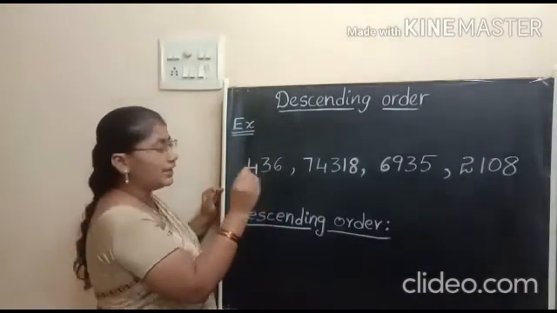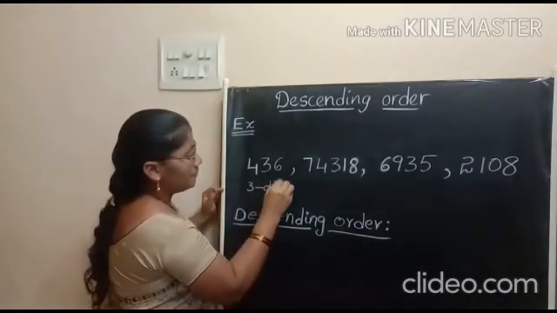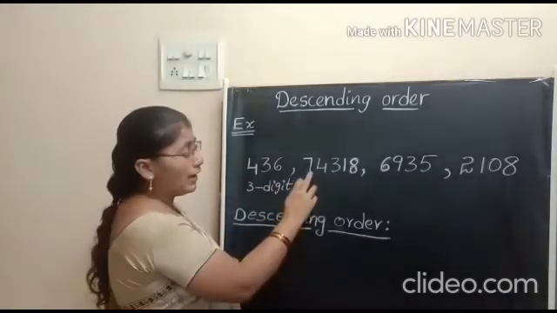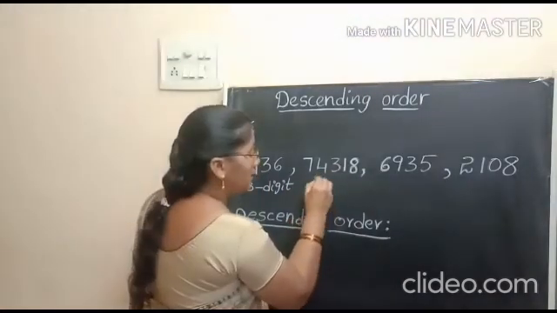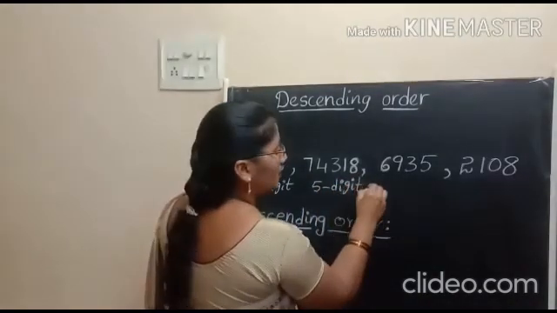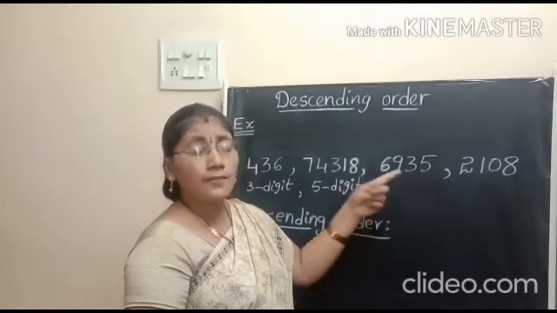How many digits are here? Only 3 digits. This is a 3-digit number. The second number, here we have 1, 2, 3, 4, 5 digits. So this is a 5-digit number. Next, 1, 2, 3, 4. This is a 4-digit number.